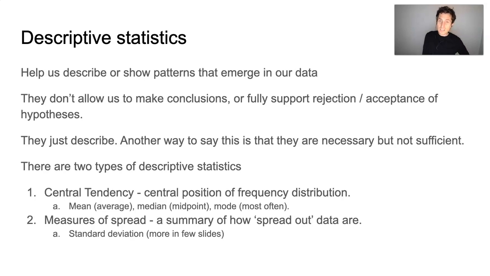Okay, so let's think of first central tendency and then measures of spread as being our two branches of descriptive statistics. So the central tendency is the position or the frequency of distribution and where data most often clump together or most often can be observed within that distribution. Now, that kind of sounds like just a fancy way of talking about things like averages.